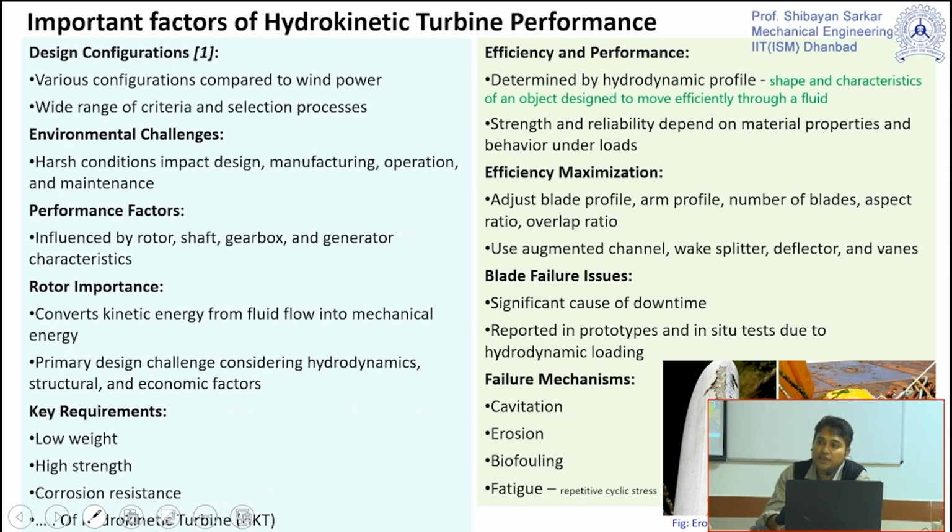Now, the performance factor. Suppose you are selecting a particular turbine material, but that material's property is something different, so that it is not suitable for giving good performance. So you have to select your material considering the performance point of view also. Now, rotor importance: the rotor converts the fluid kinetic energy into mechanical energy, and its primary design challenges will be hydrodynamic.